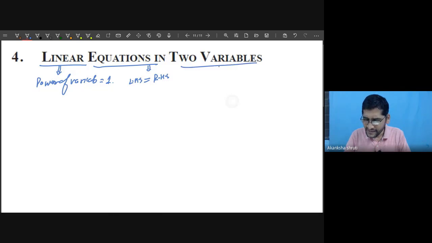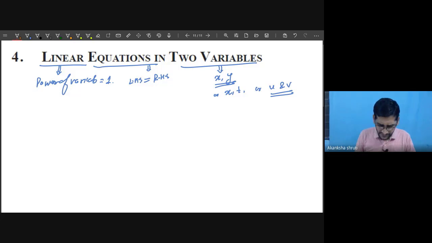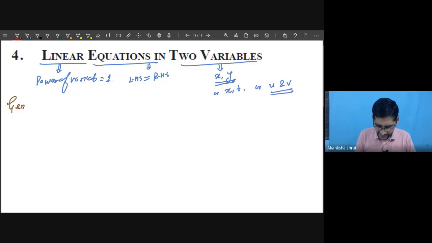And 2 variables, the variables like x and y, means at least 2 variables will be there. Or you may take any 2 variables like x and t, like u and v. So 2 kinds of variables we need to take. So general form.